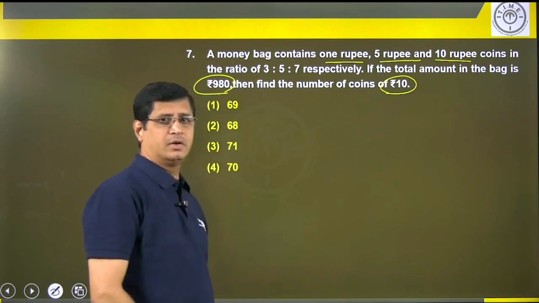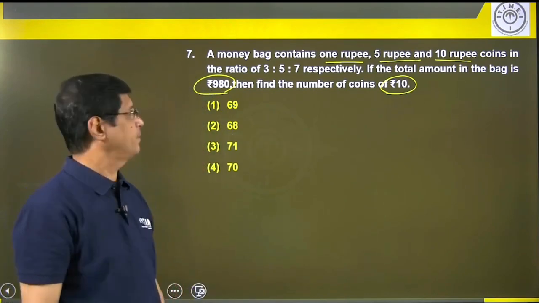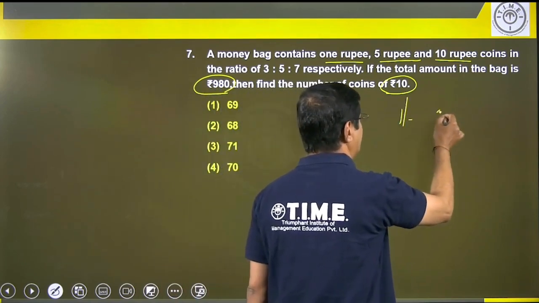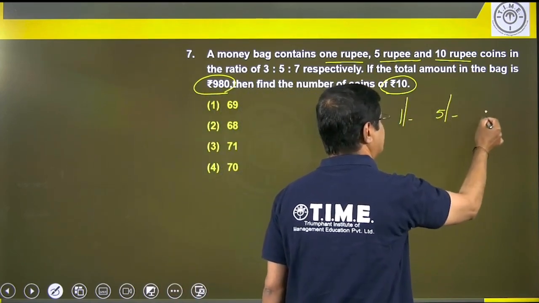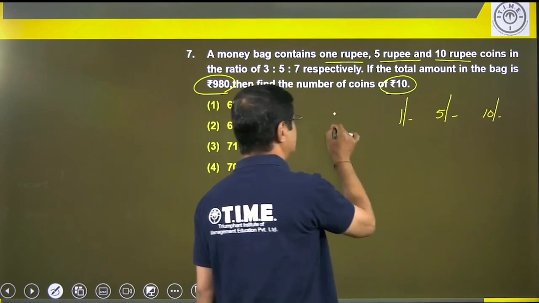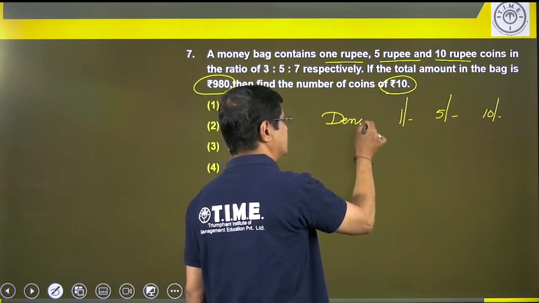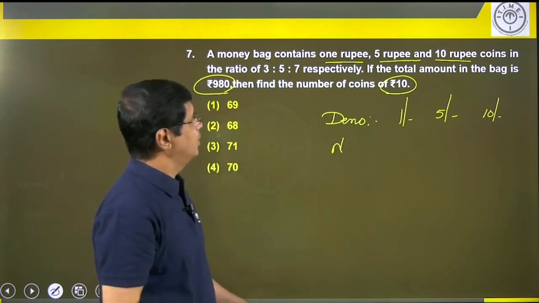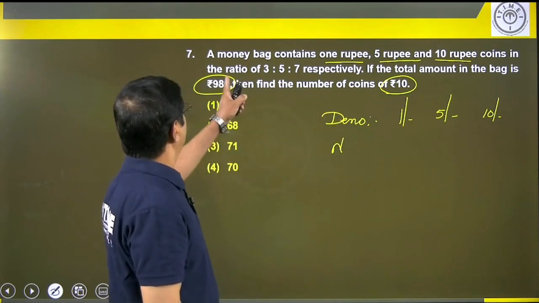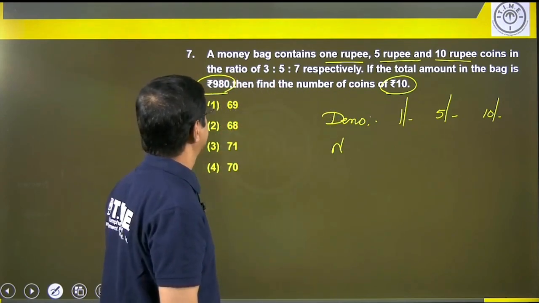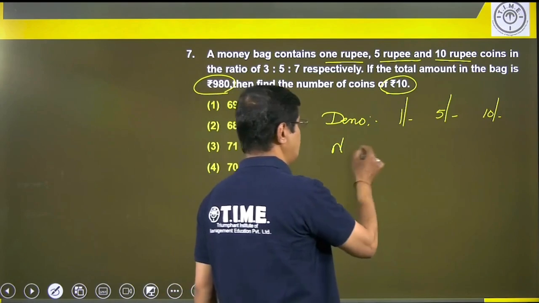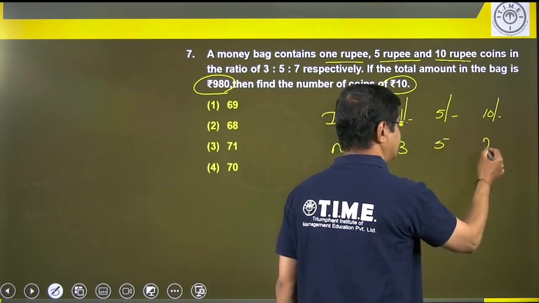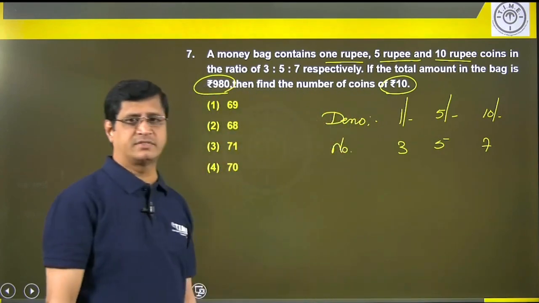Dear students, 1 rupee, 5 rupees and 10 rupees are the denominations. The number of coins is in the ratio 3:5:7.